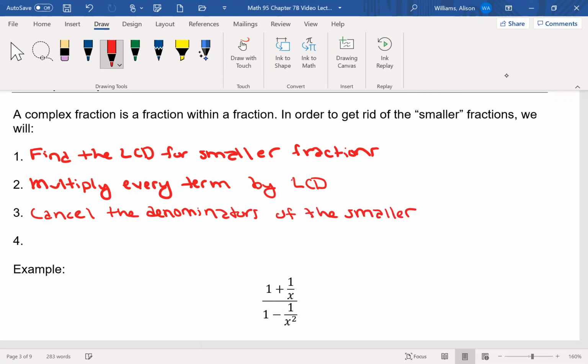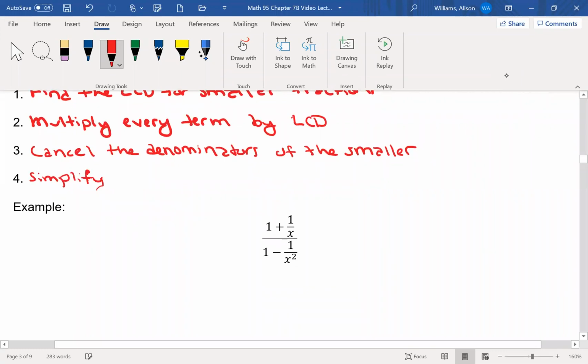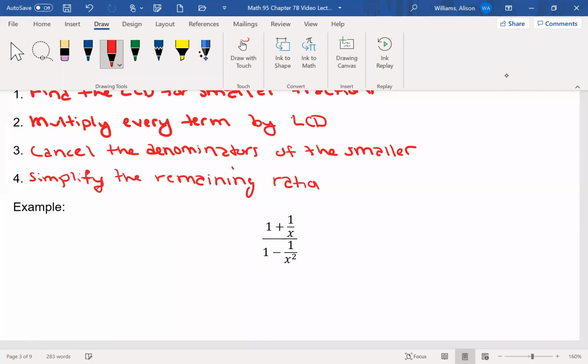And what we'll be left with is a normal rational expression that we will attempt to simplify if necessary. So we will simplify the remaining rational expression if it's necessary.